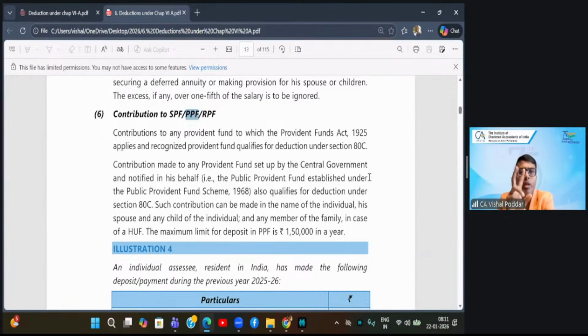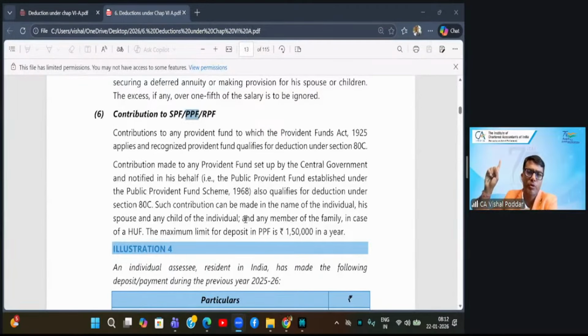Importantly, in the first two provident funds, SPF and RPF, which are maintained by the employer, where as an employee you are making the deduction, the employer's contribution is not allowed as deduction to you. So SPF, RPF, which you studied in the salary chapter, you have to remember, you do not get deduction for what the employer is contributing.